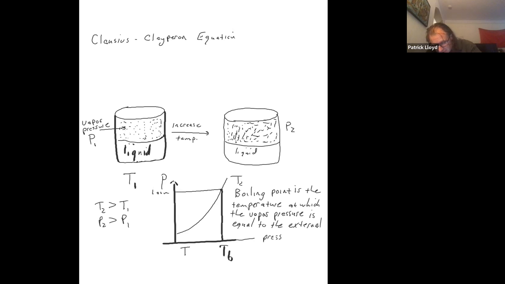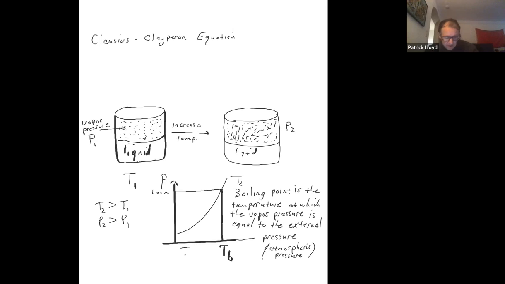And the external pressure is the atmospheric pressure. This is why liquids, like water, will boil at lower temperatures at high altitudes than they do at low altitudes.